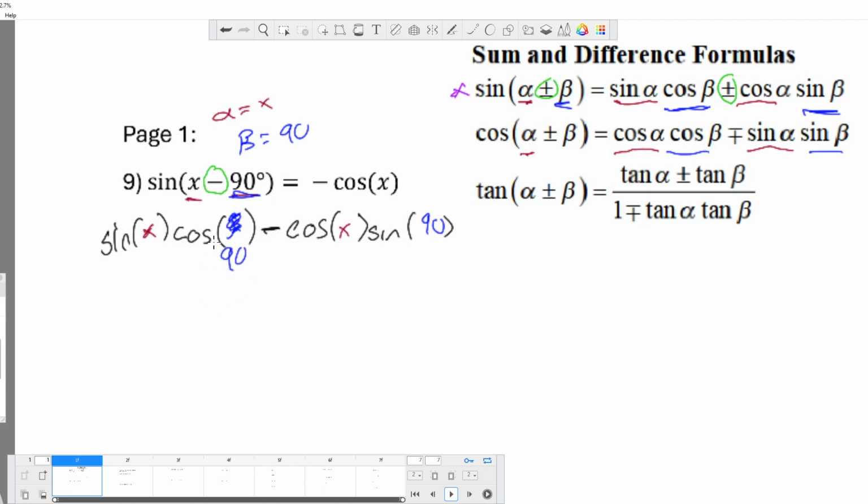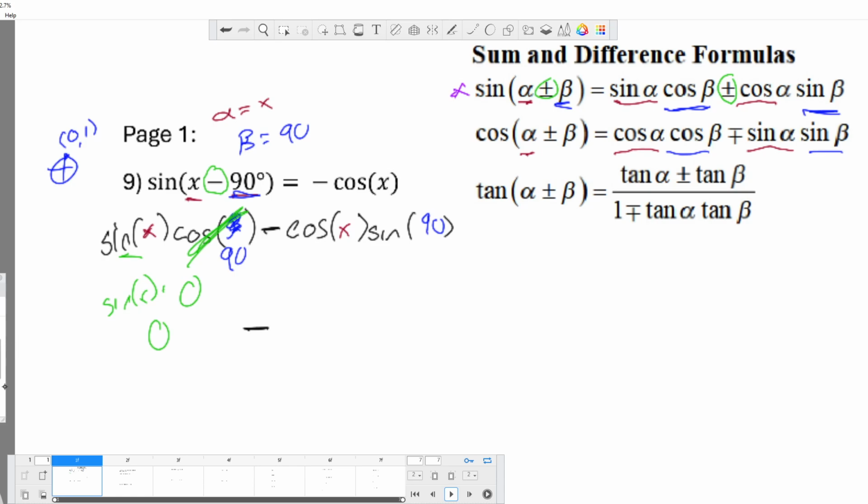So let's take a look at what cosine of 90 would be. Cosine is the x values on the unit circle. 90 degrees is up here at the top, and so that point is 0, 1. So the x value there is going to be 0, and that's going to turn into 0. And then we have sine of x times 0, which is just going to be 0, so that entire term ends up canceling out.